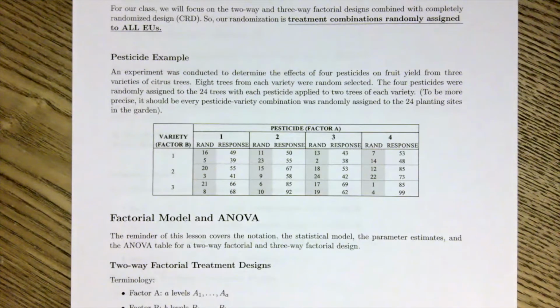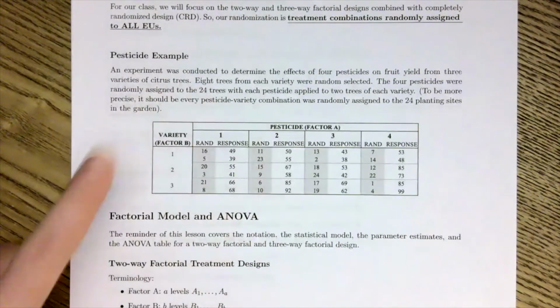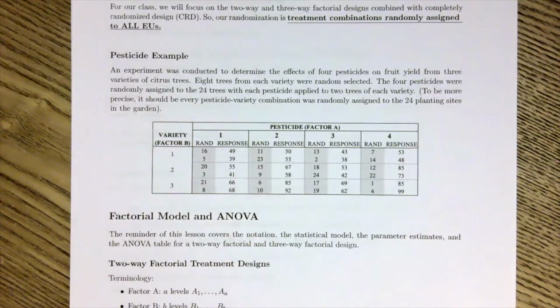So in this example, our experimental unit is the 24 planting sites because we are randomly applying the pesticide variety combination to the sites. Additionally, we have one factor, pesticides, and the other factor, variety, where both of these are treatments.